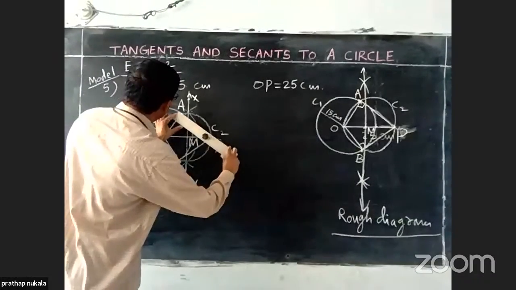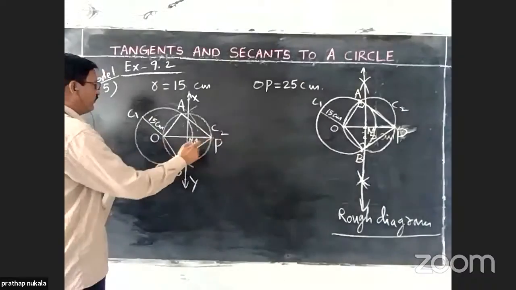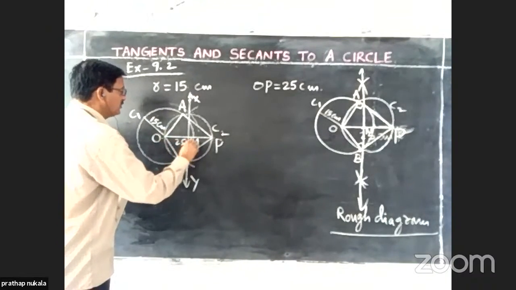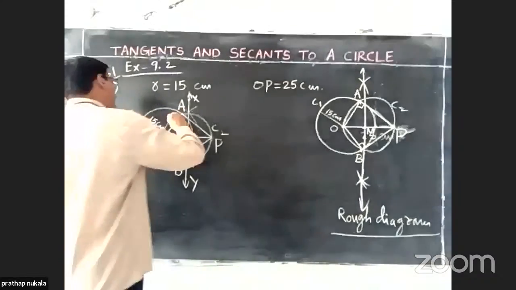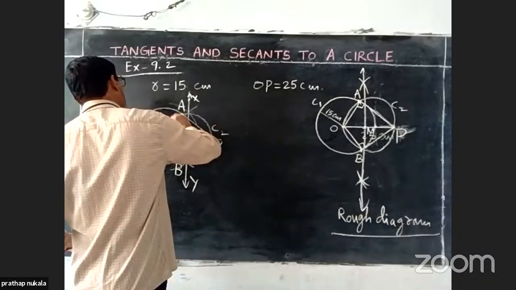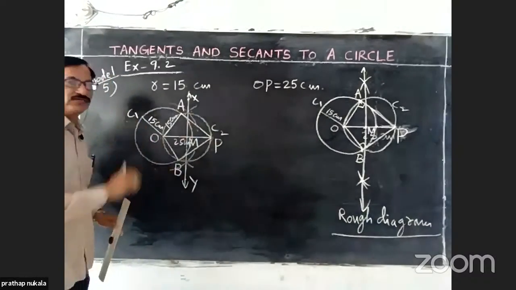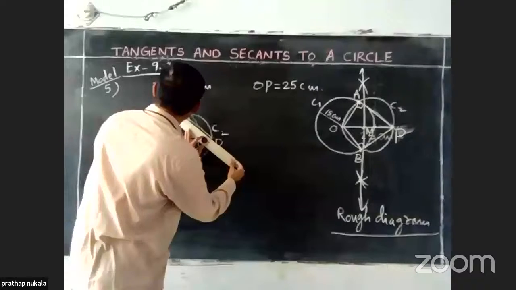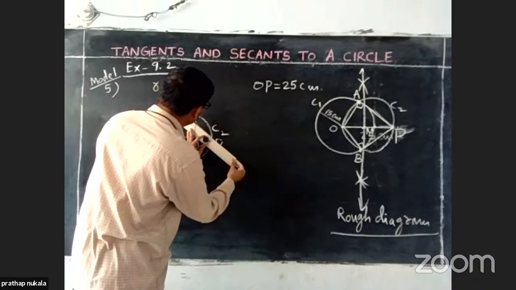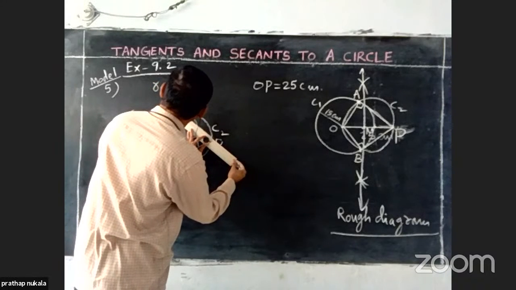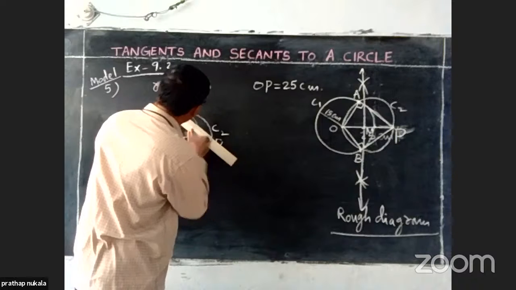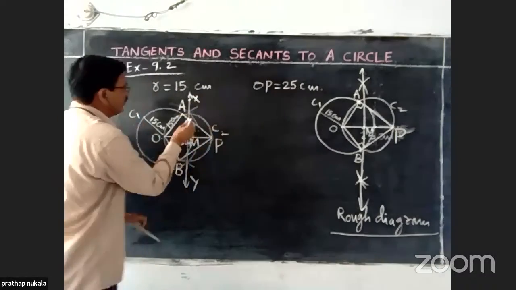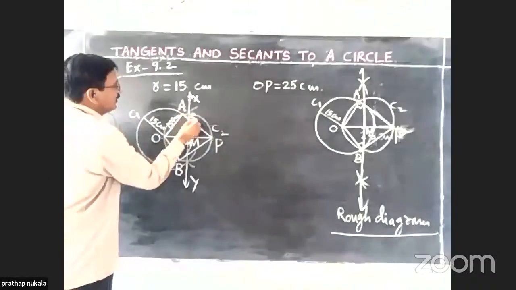We are measuring: OP is 25 centimeters, OA is 15 centimeters, the radius, OB is also 15 centimeters. Now I am measuring the distance between A and P, that is exactly 20 centimeters. This will be 20 centimeters.